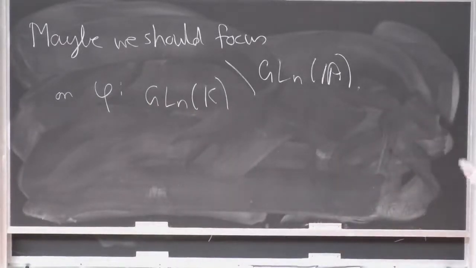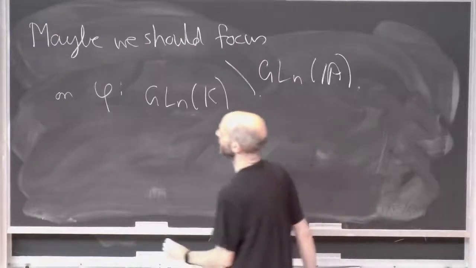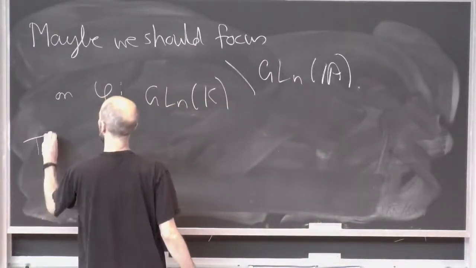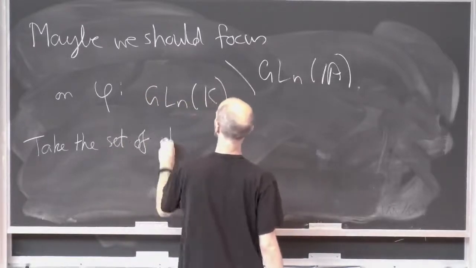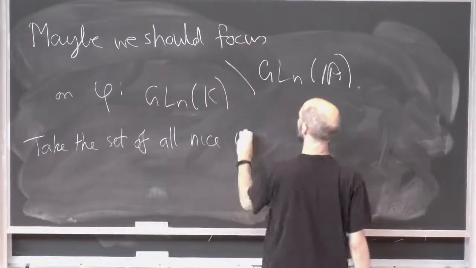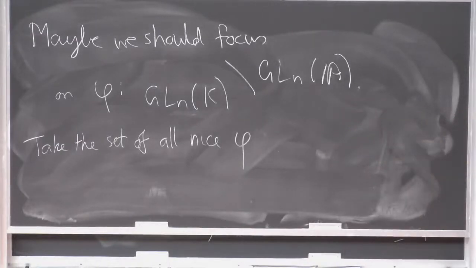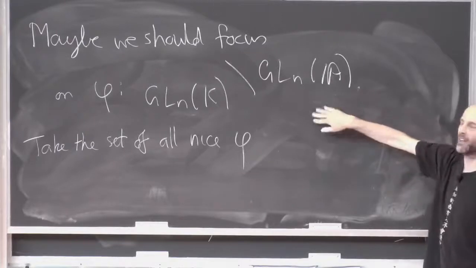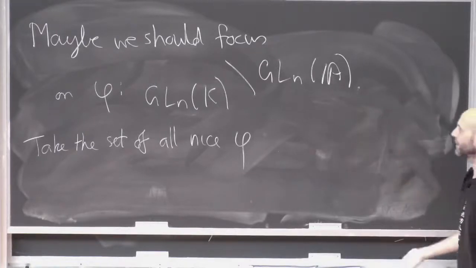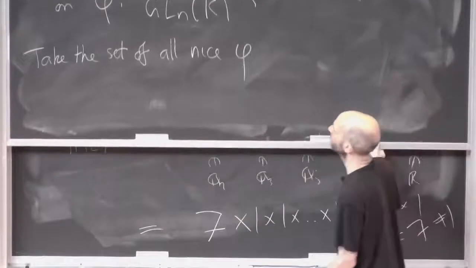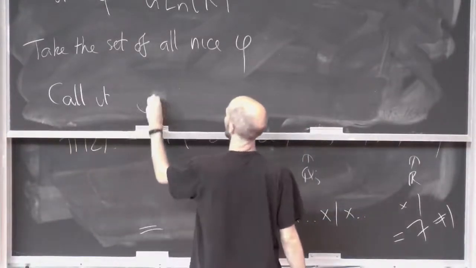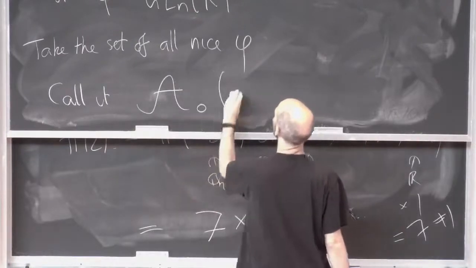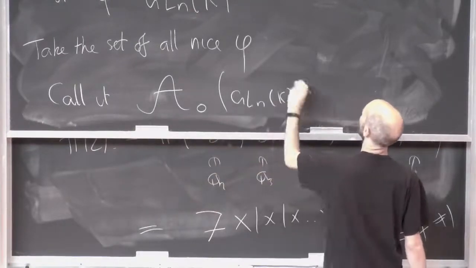They better be differentiable or something. So let's take the set of all nice phi, who knows what nice means? There's some infinite stuff here, so I maybe have to say they're differentiable or something. Let's take the set of all nice phi, and let's just call it curly A0 of GLN of K over GLN of A_K.